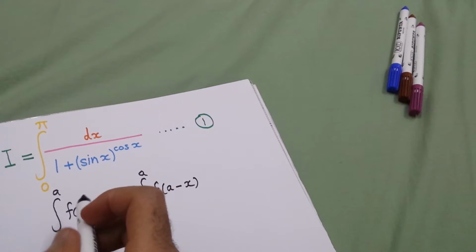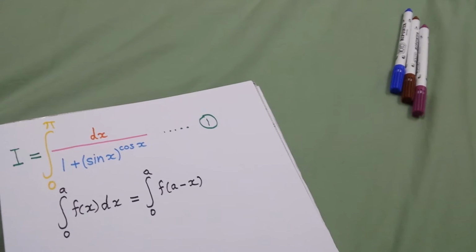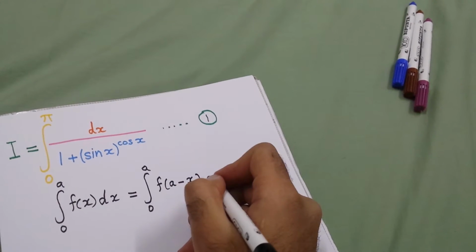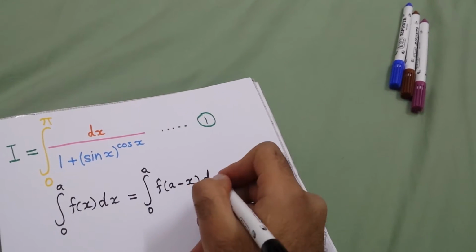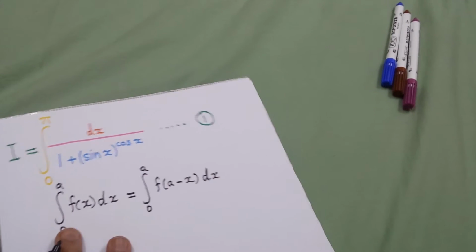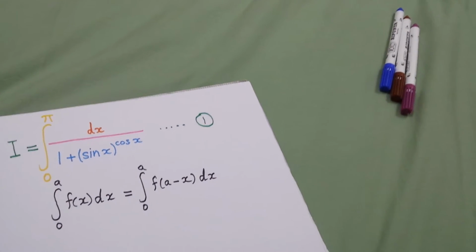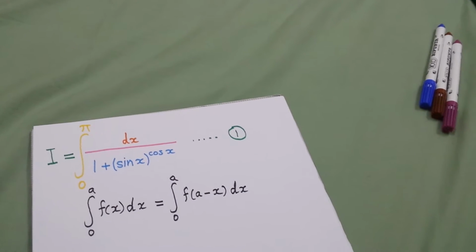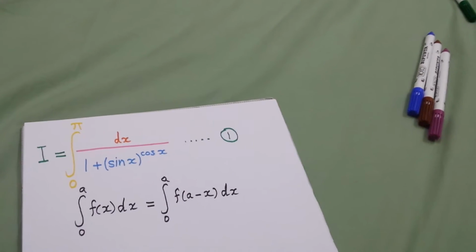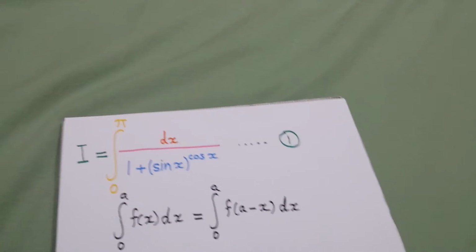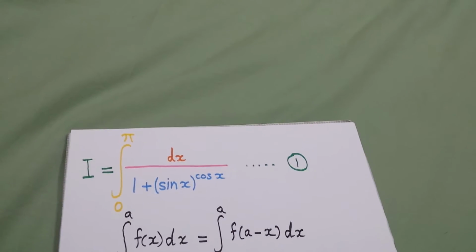Instead of x put u equal a minus x, then write it in terms of x instead of in terms of u. So we will apply this relation on our integral.